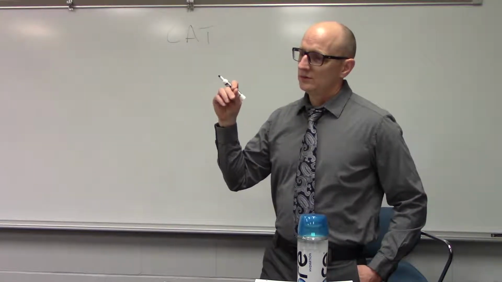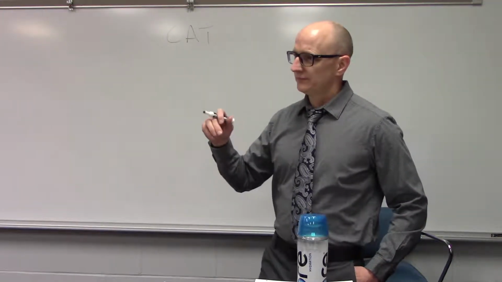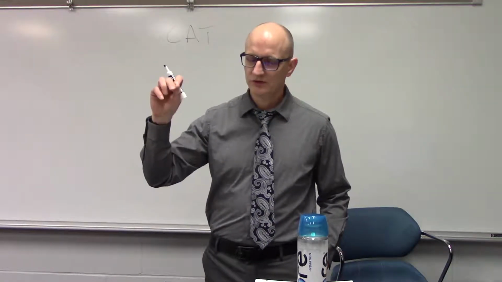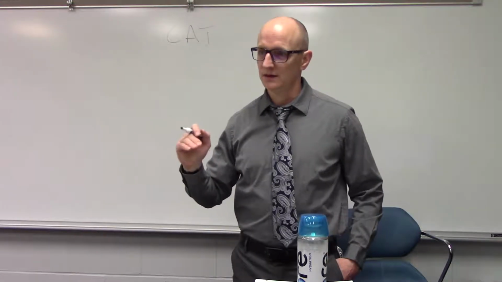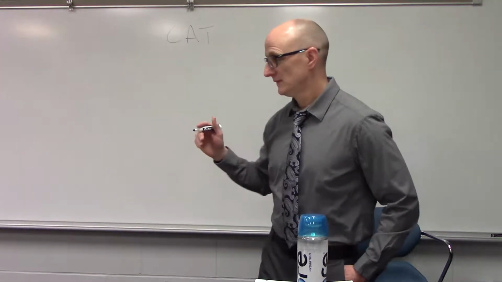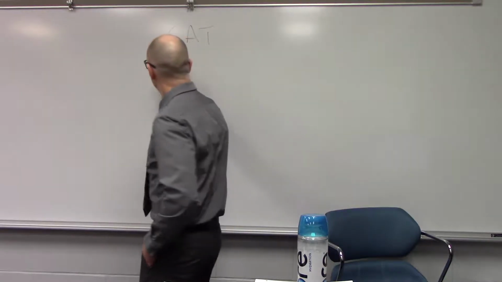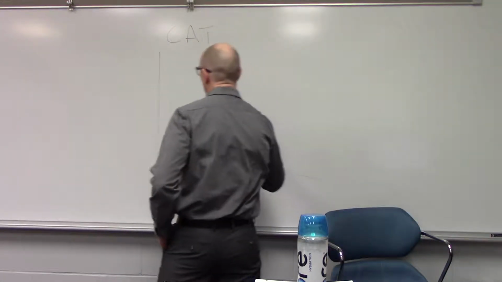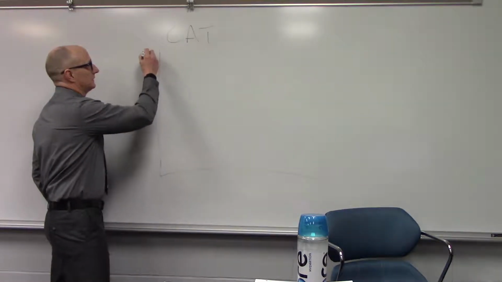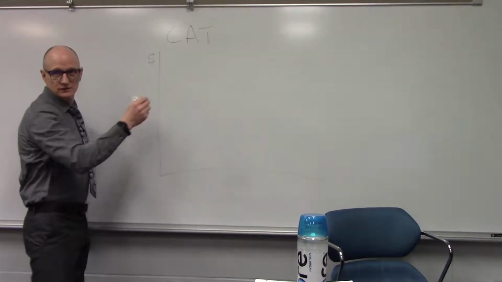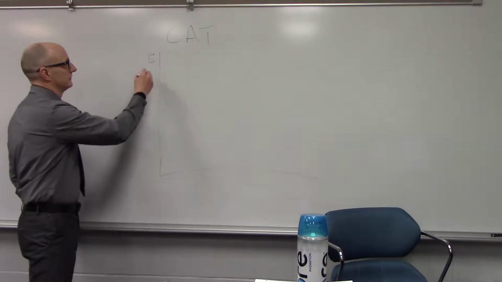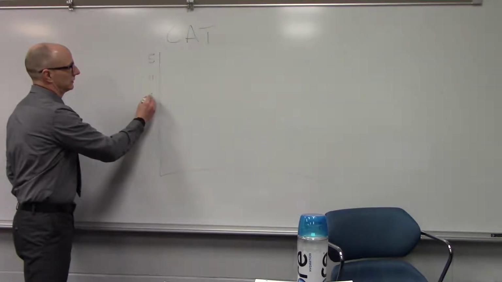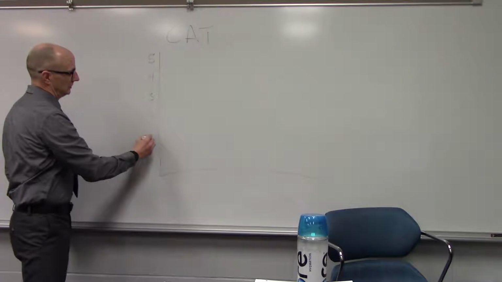So when you take the exam, the questions are all graded in levels of difficulty. And so we could make a little chart, and we could say that the most difficult question is a 5, 4, 3, 2, 1.